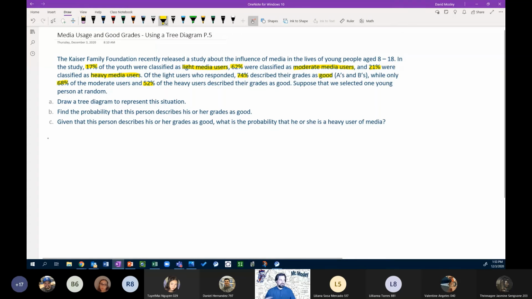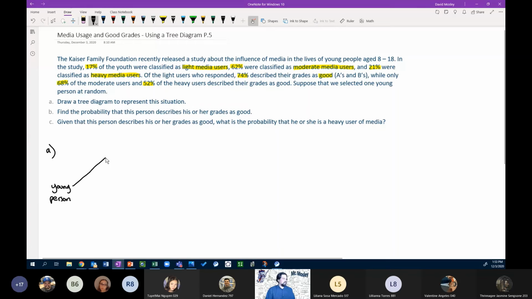Part A, draw a tree diagram to represent the situation. Right, let's do that. So here's A. So our starting point is selecting a young person, right? So we have our young person that will be chosen.